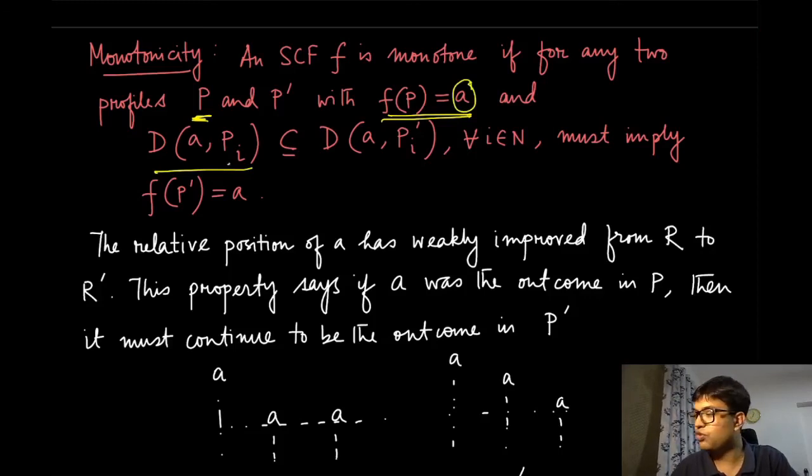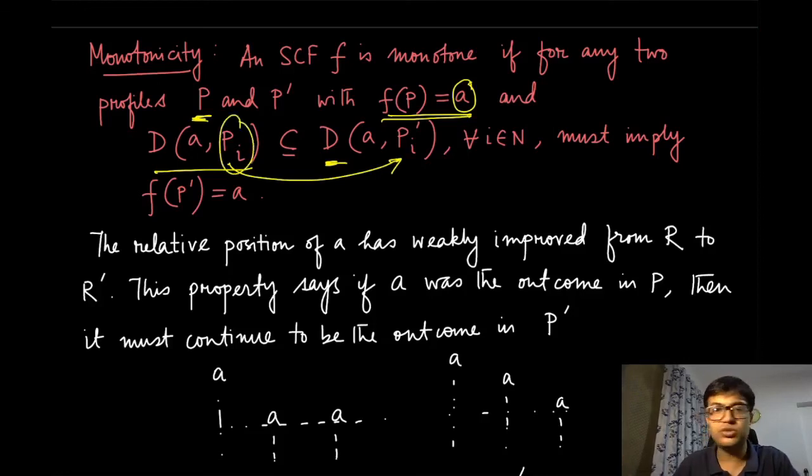So if we go from Pi to Pi prime, all the alternatives that were below A in Pi continue to be below A in Pi prime.